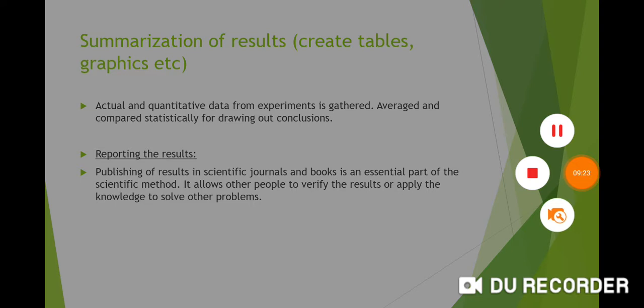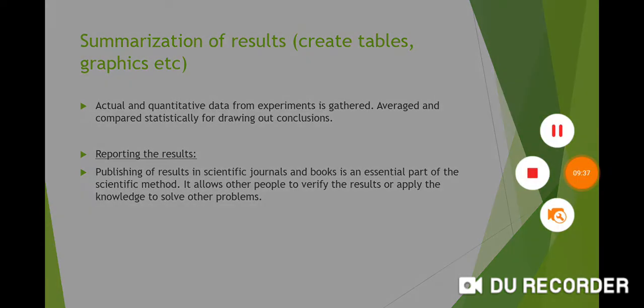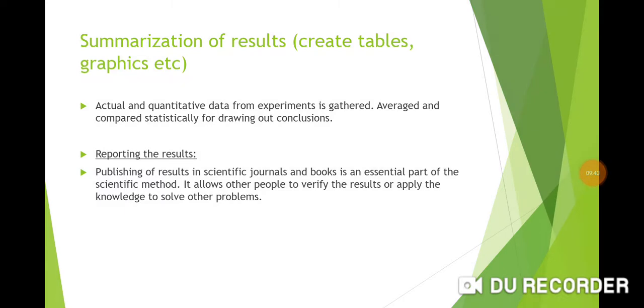Now the summarization of the results. How we summarize our data, the actual qualitative and quantitative data which we have gathered through experiments. We have averaged the result and used statistical analysis to draw conclusions out of it. Now in the end, we report those results in our scientific journals, in our books, which is also a part of the scientific method.